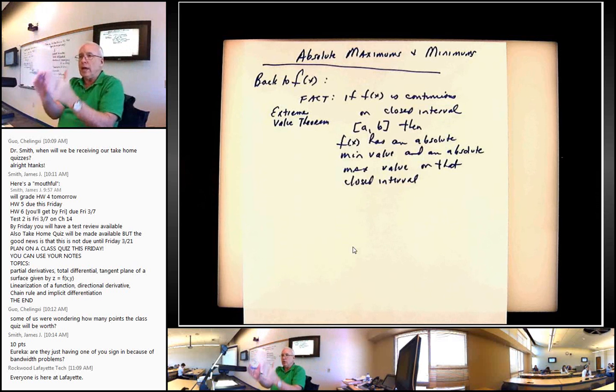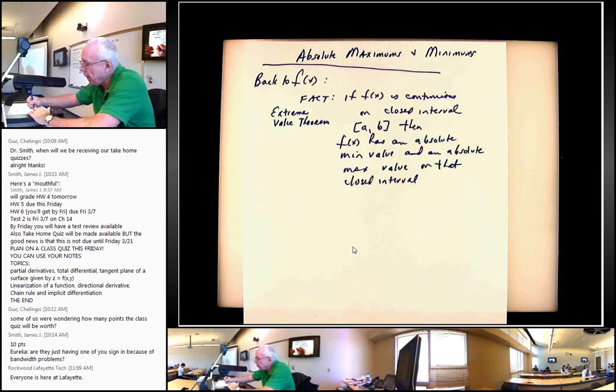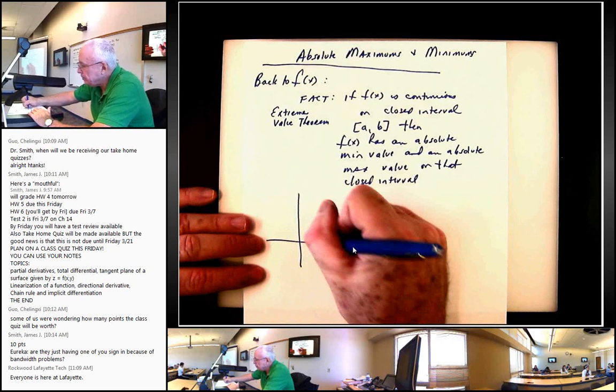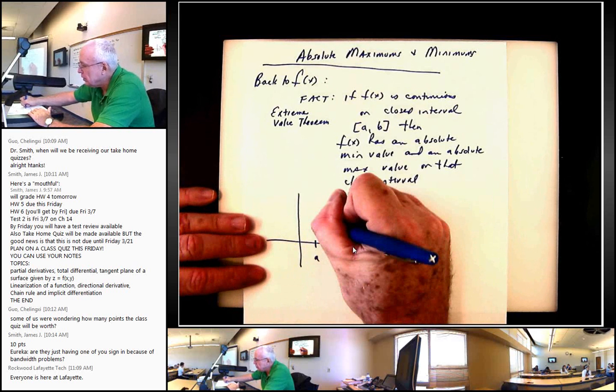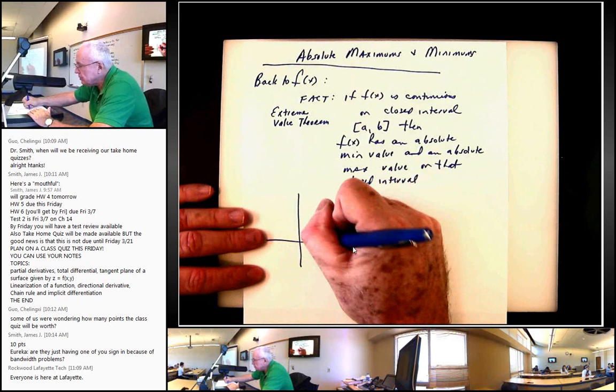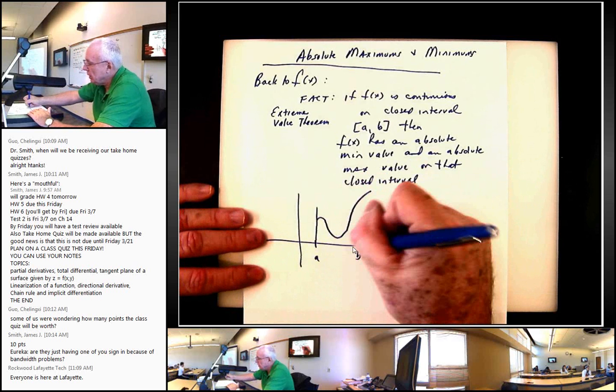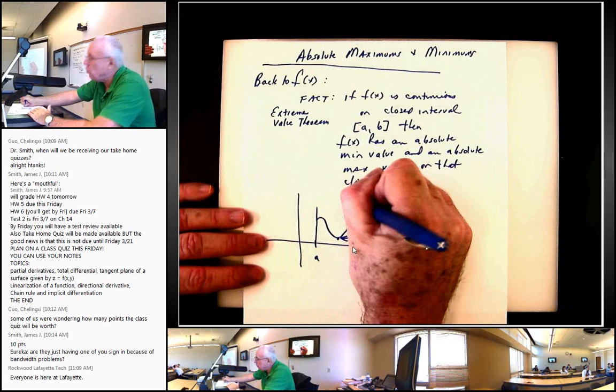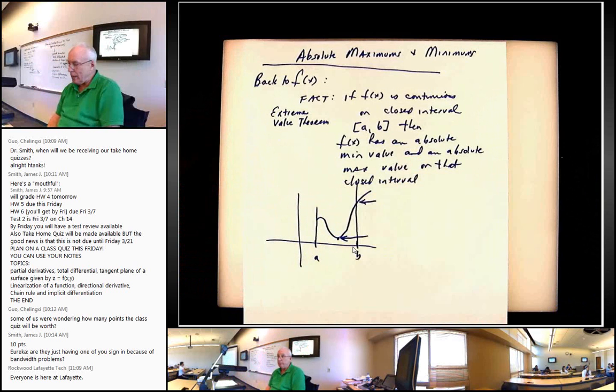We're just looking at, on this interval a to b, a place where the function has, so here's my function, a place like right here where it has its smallest value and like right here where it has its biggest value, okay?